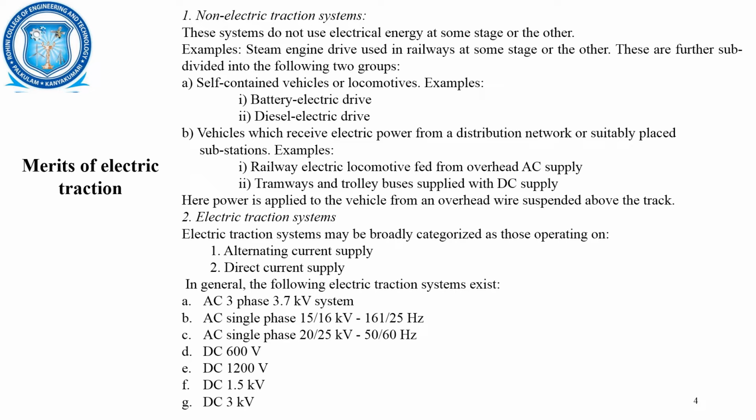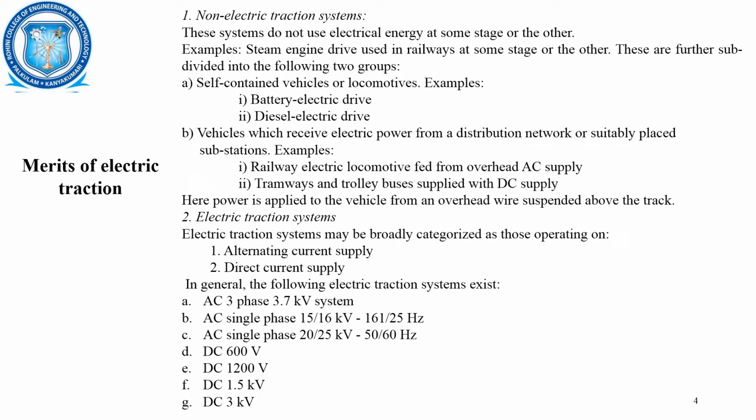While considering a non-electric traction system, they do not use electrical energy at first. But electric traction systems purely depend upon either an AC supply or a DC supply of electricity.